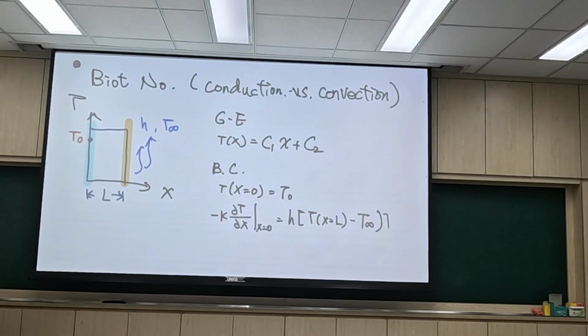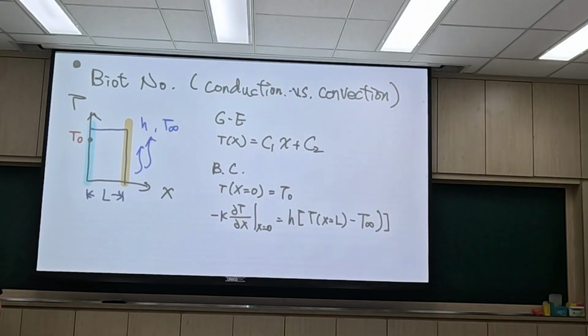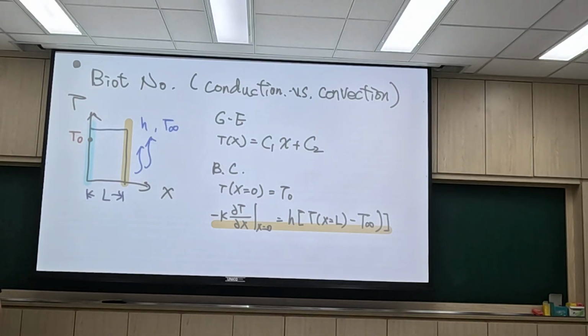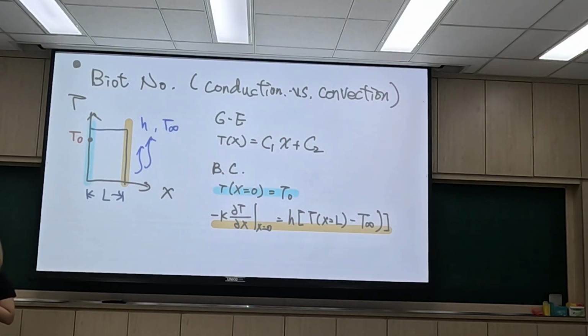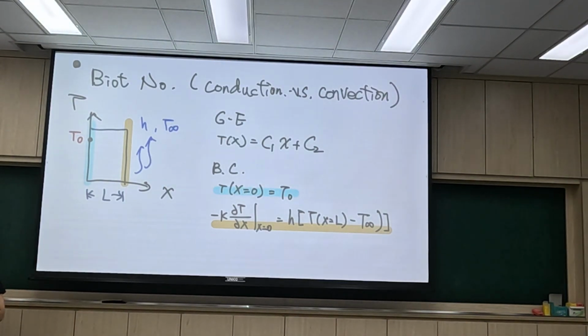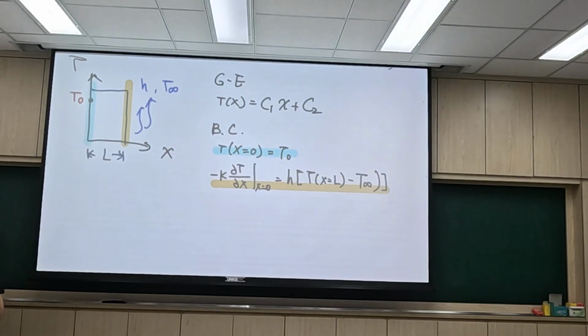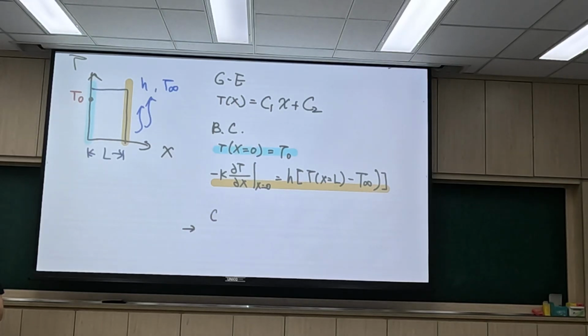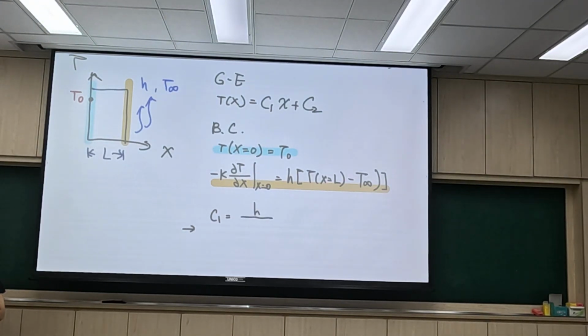So this is on the right-hand side, and this is on the left-hand side. Those are the boundary conditions we have right now. Then we can solve the equation on the governing equation. I won't go into the details, I'll just write down the answer. You should be able to work it out.